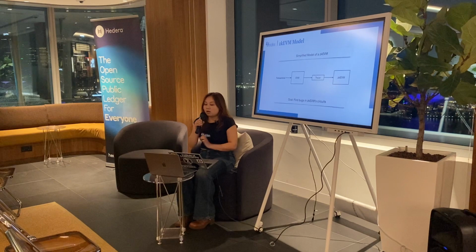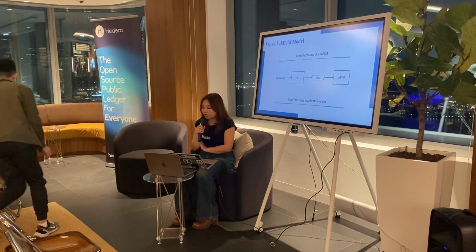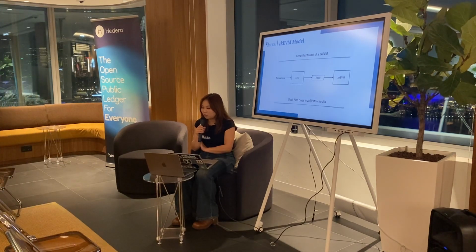So, to start, what is a zkEVM? It's a layer 2 on top of EVM that scales transaction capacity. The way it works is instead of posting a transaction directly to Ethereum, you first run the transaction off-chain to obtain a trace, which is like a transcript of how the transaction should run on the chain.